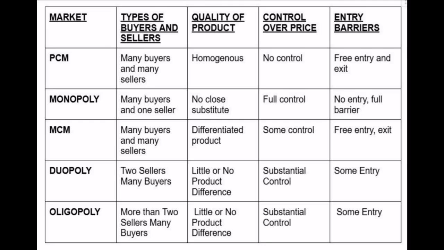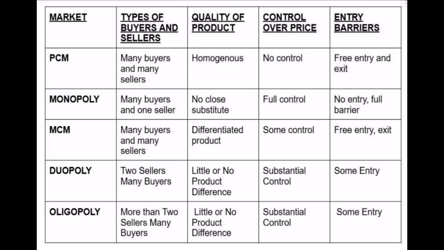About duopoly, there will be only two sellers. We are getting this information from the name, duo. Of course, there will be two sellers and many buyers. Because of only two sellers, their quality of product will have little to no difference, almost like monopoly, because they don't really have much competition.